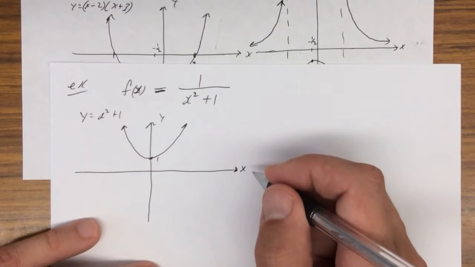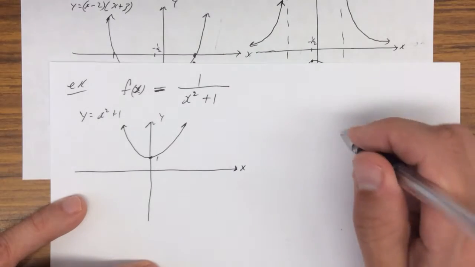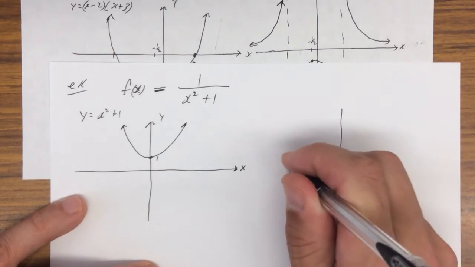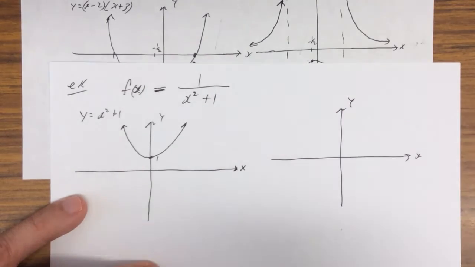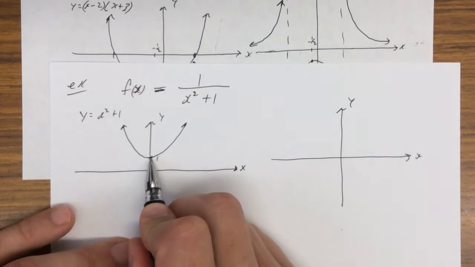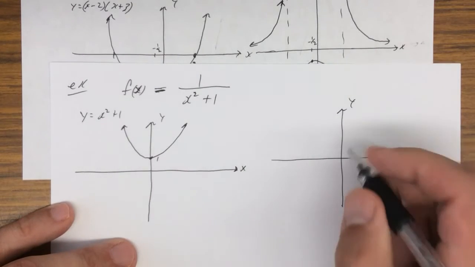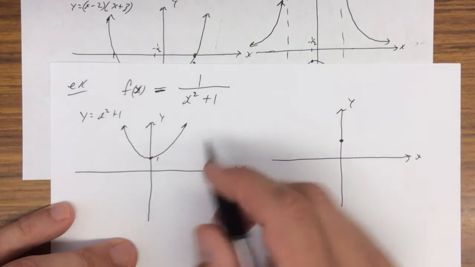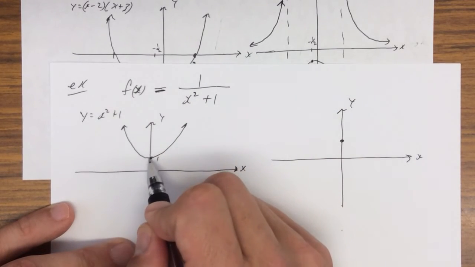If that is our denominator, and we want to find 1 over those y values, then we take the 1 here. Well, 1 over 1 is 1. So that's a point here, because the y value here is 1, and you're doing 1 over that.